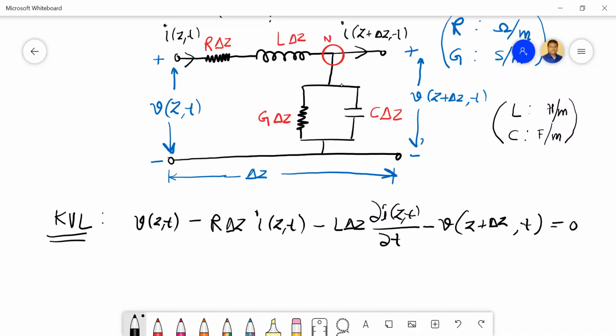Fine. So easily one can apply the KVL and simply write this equation. So V of z, this particular thing, then the drop across here, the drop across here, and ultimately the voltage at the output side. Fine.